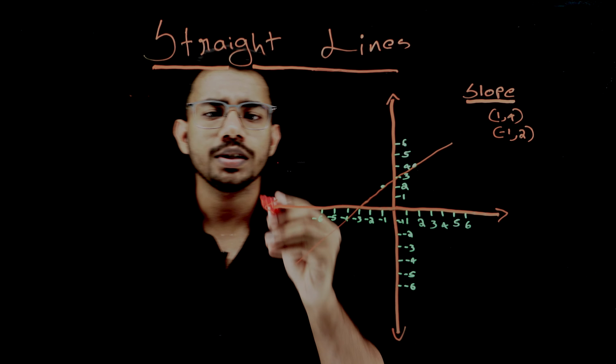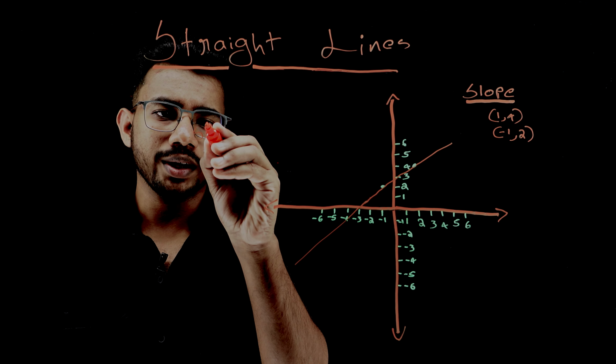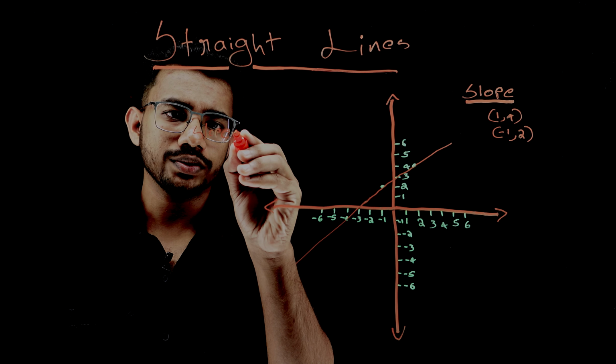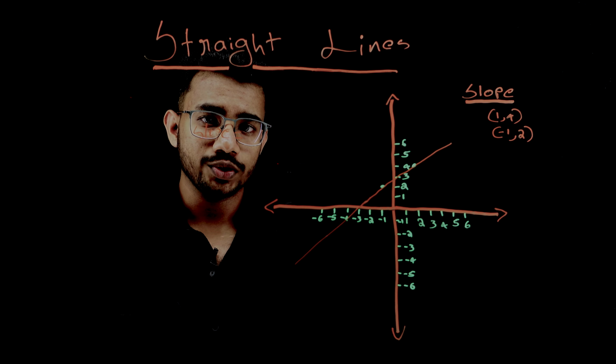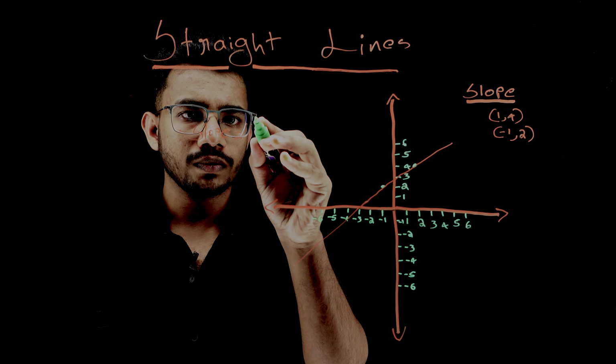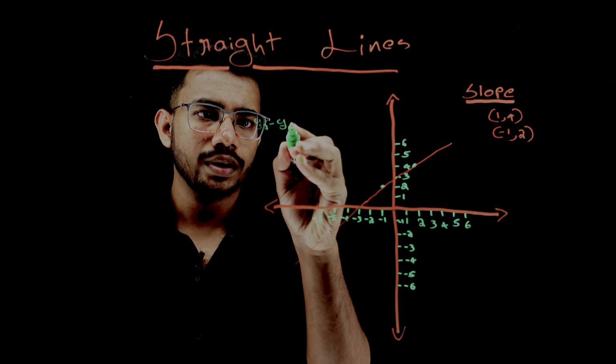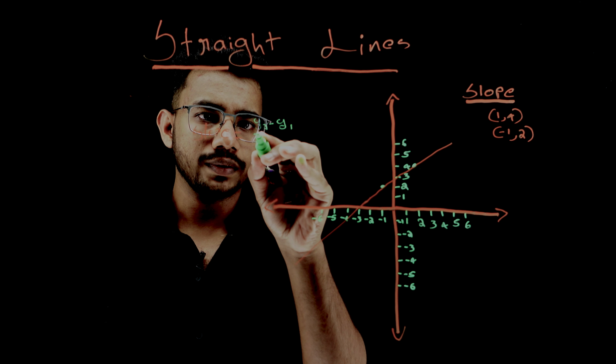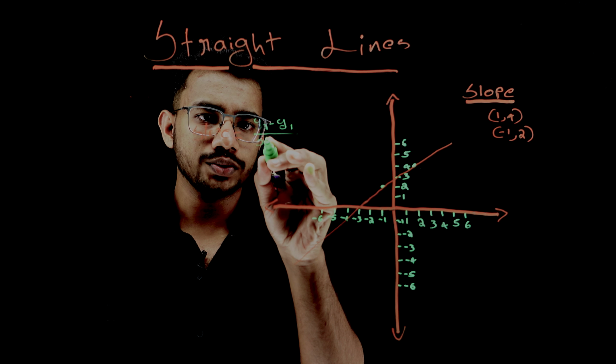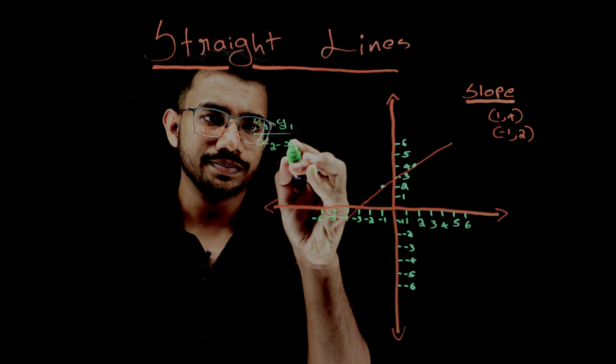The slope of a line is given by slope is equal to y2 minus y1 divided by x2 minus x1.